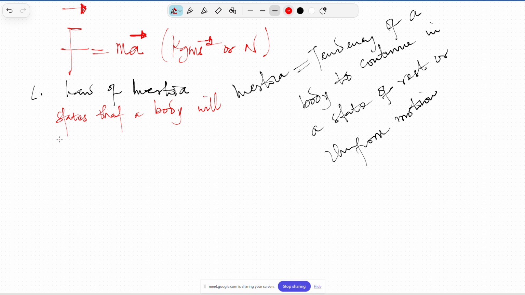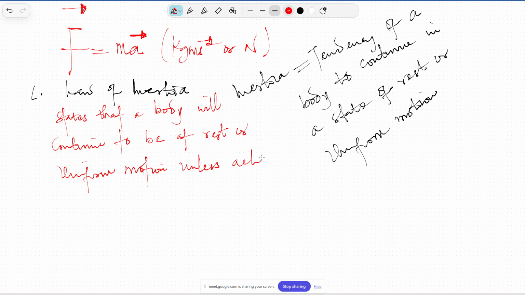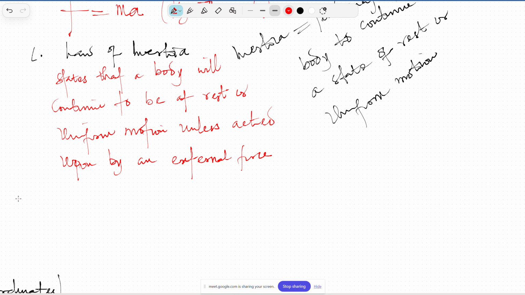So an external force is going to cause it to change otherwise.